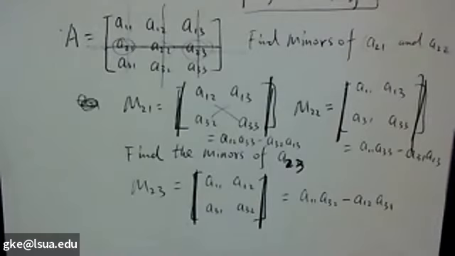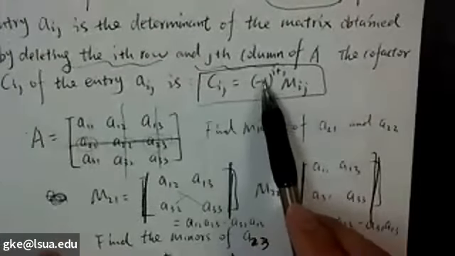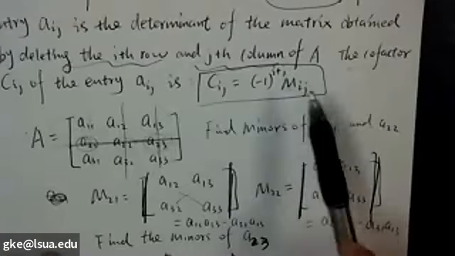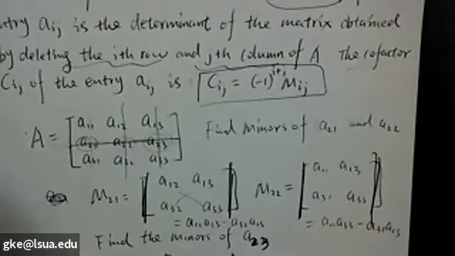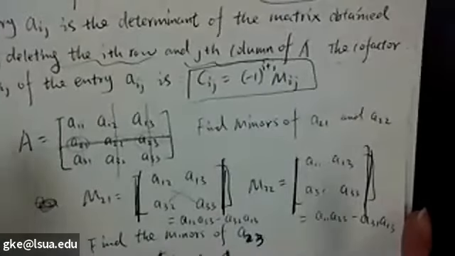So now the thing is, we're not just after the minor. We want the cofactors. The cofactor is defined by this guy: (-1) to the power i plus j times Mij. Okay, so let's take a look. Still, we're going to let A be this example.